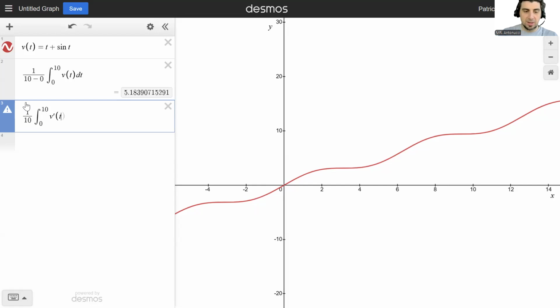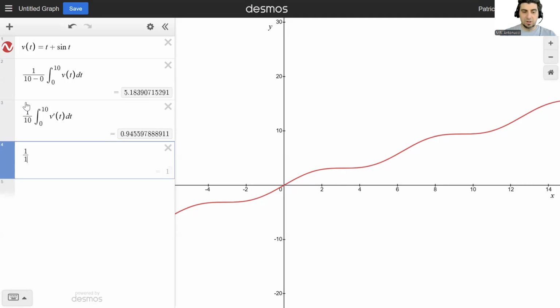You can actually type in v prime of t because that is the acceleration function. If you wanted to, you could differentiate, or put in 1 plus cosine t dt from 0 to 10, and you get the same thing. All right, so pretty cool stuff there.